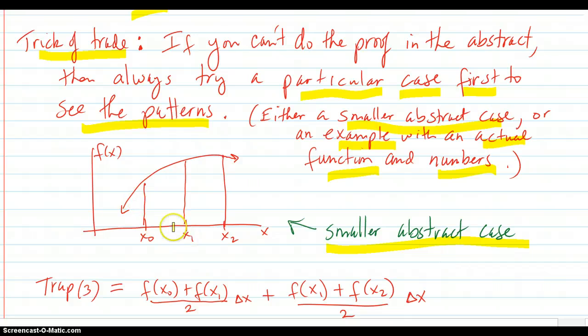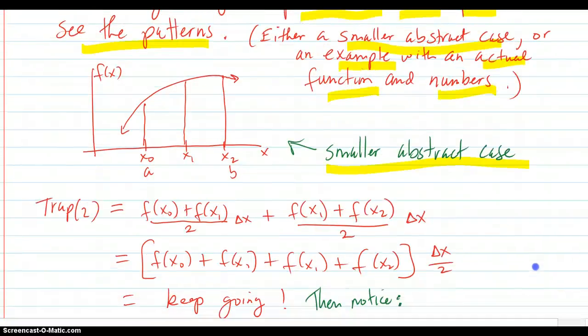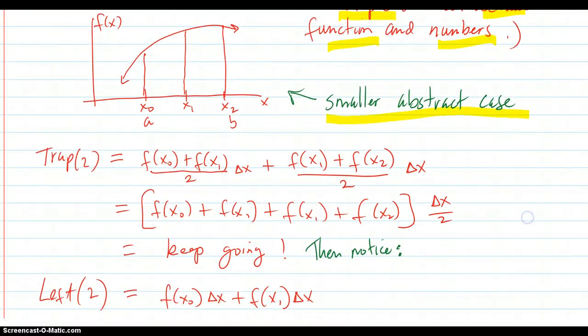Here's your function. There's only two subintervals here, x0, x1, x2. So that's your a and that's your b. So we have this smaller case, and your trap 2 is just going to be fitting these trapezoids here and this second one here.